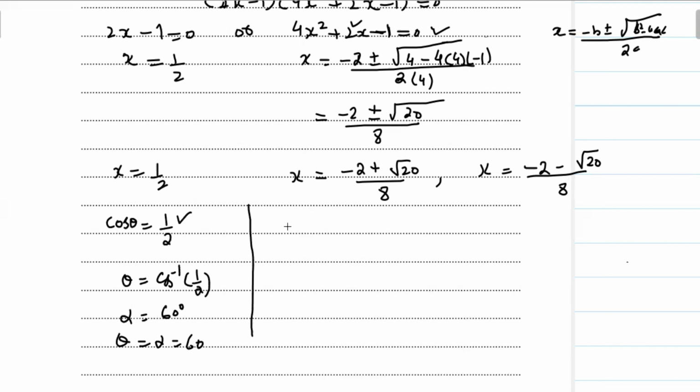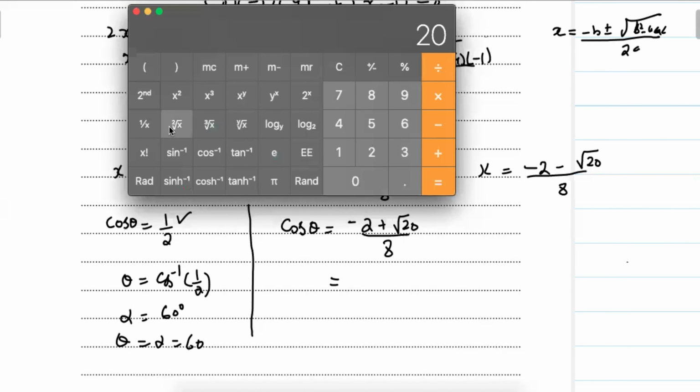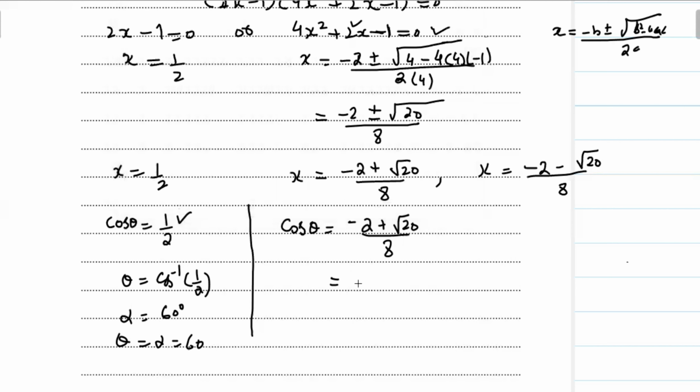Next equation, you know x is cos theta, we write cos theta equal to minus 2 plus square root 20 over 8, and this value will be equal to 0.309.